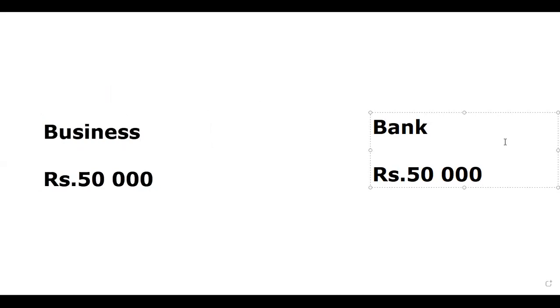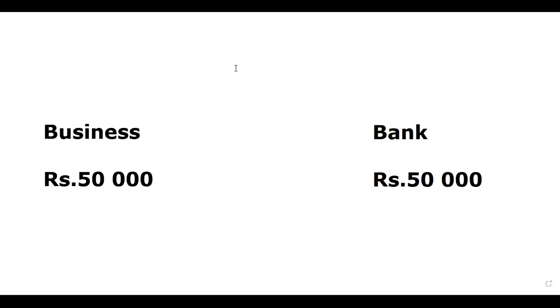Try to understand. This 50,000 belongs to whom? To the business. Therefore, business recognizes it as an asset. That is why I told you, to the business, the deposited money is an asset. But to the bank, the money is with the bank, but the bank doesn't have the ownership.